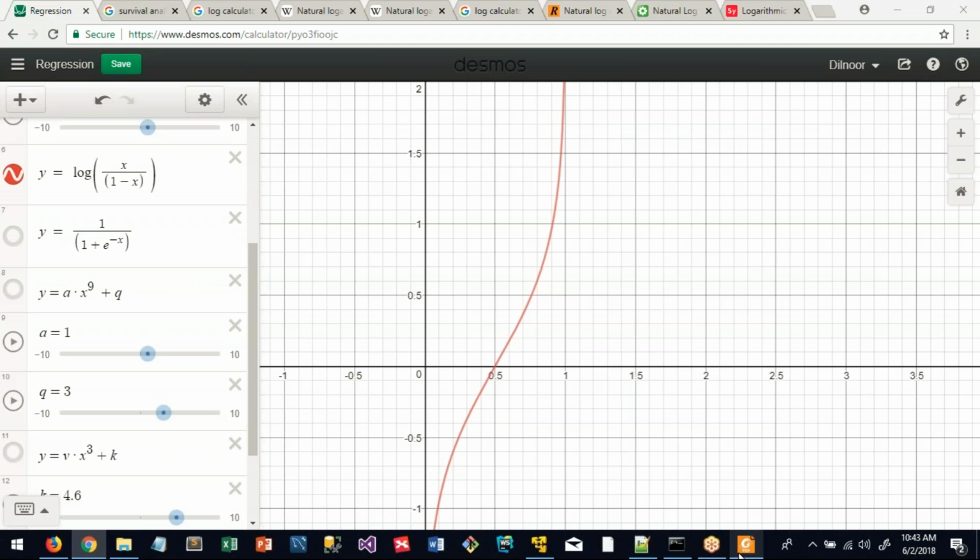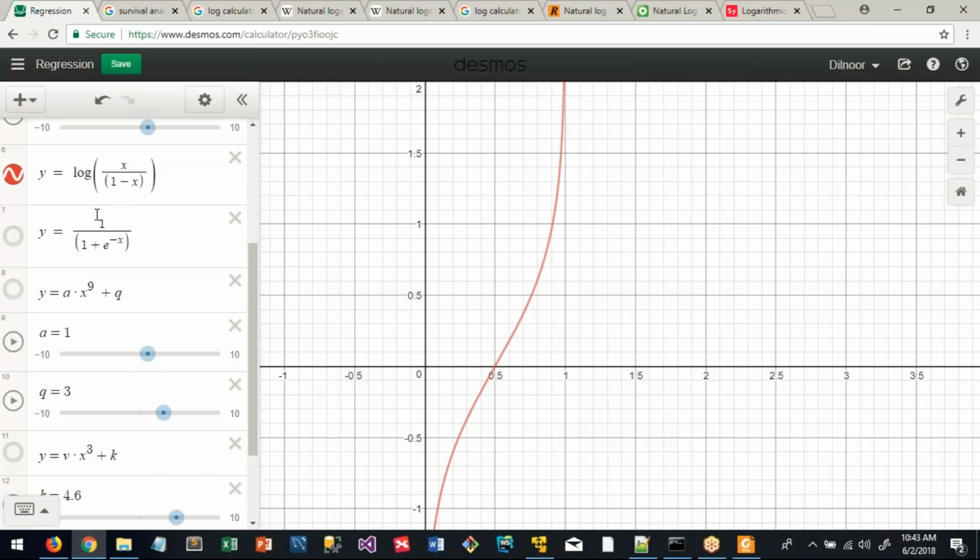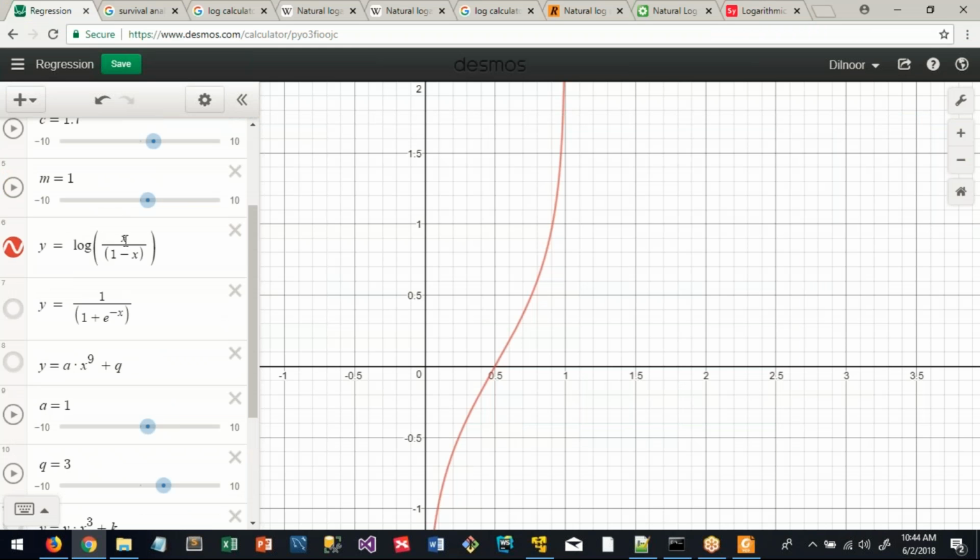This x is not the same x as the earlier one. It is just that this graphing calculator doesn't allow me to put p here. All I can do is have the outcome as y and the input as x. This is the reason I have to choose x instead of p, but the graph will nevertheless be the same.